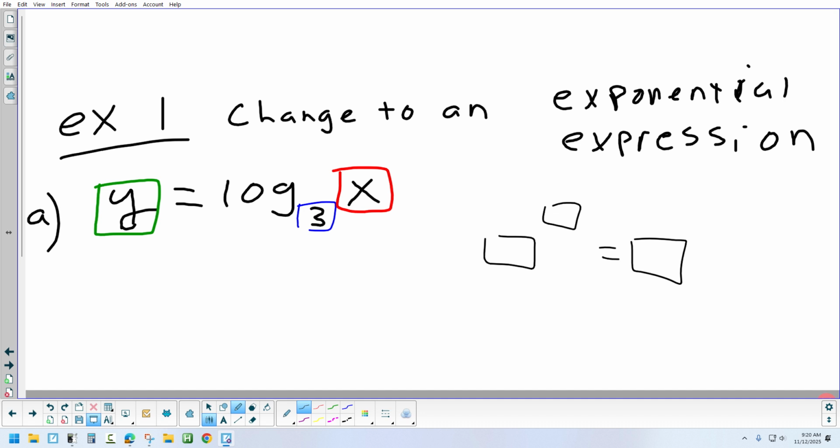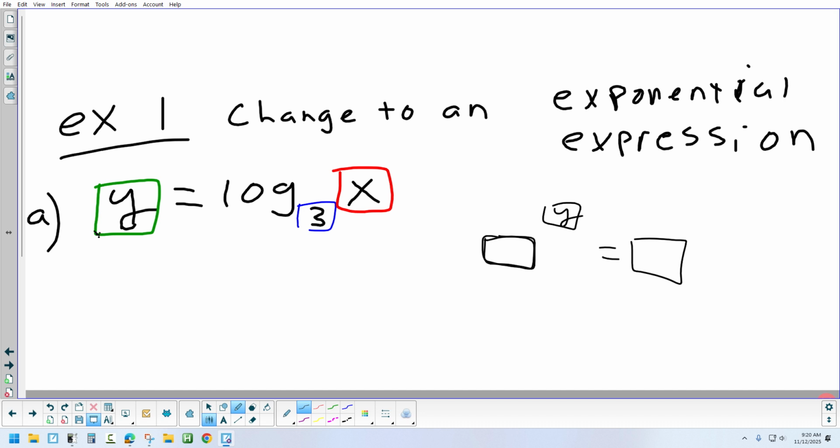What would go in this lower box on the left? Yep. Y. Remember, logarithm always equals what kind of number? Oh, sorry. That would be 3. And that's the exponent. Logarithms are exponents. So y would become the exponent.